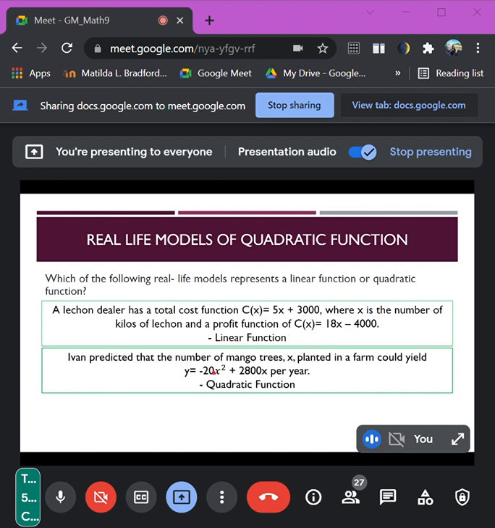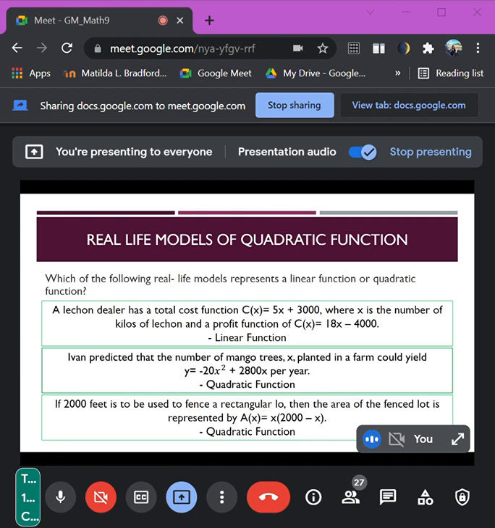So negative 20 and then for x, for example, 100. So you substitute it here, and then here also 100, you can get a result of y. So that is still a quadratic function. And the last one here we have: if 2,000 feet of fencing is to be used to fence a regular lot, then the area of the fence lot is represented by A of x equals x times the quantity 2,000 minus x.